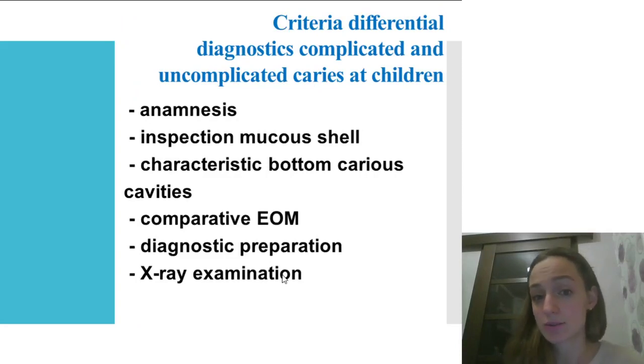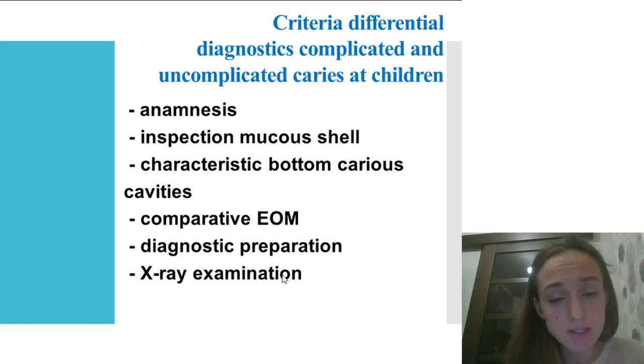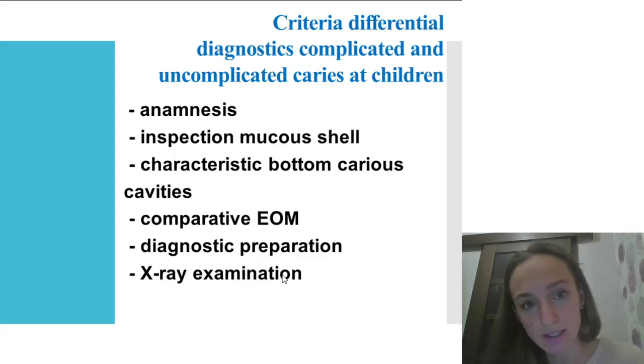Then criteria of differential diagnosis, complicated and uncomplicated caries in children. So first of all, it is anamnesis. Then it is dental examination of mucous membranes, characteristic bottom of carious cavities, comparative, then diagnostic preparation, and X-ray examination, of course.